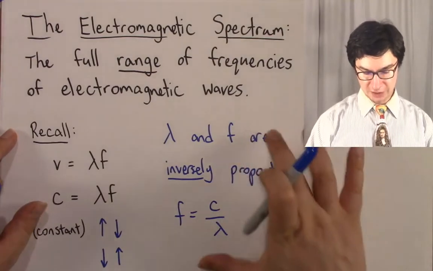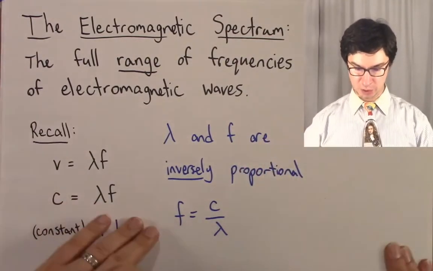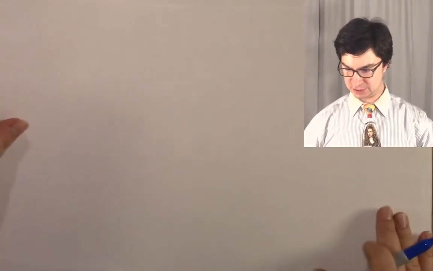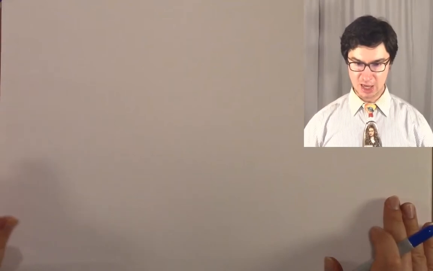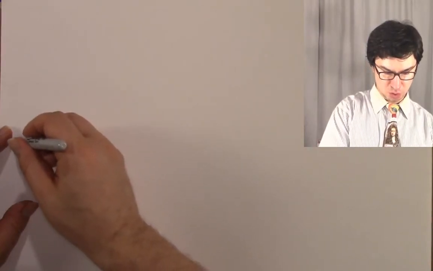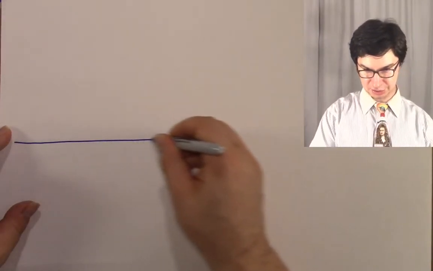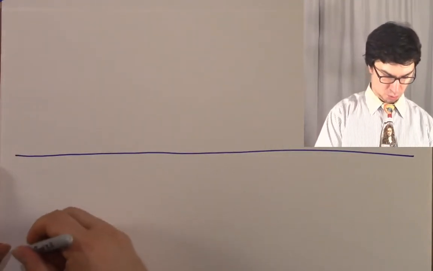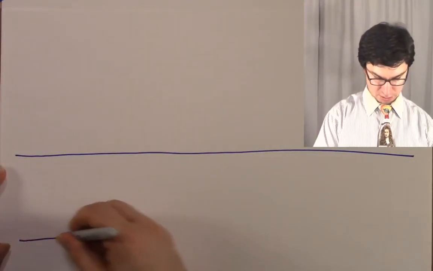All right, so with this in mind, we're going to go ahead and we're going to draw a complete electromagnetic spectrum, okay? And in the space that we have here, what I suggest is that we draw two long lines across our paper. One like this, and one like this.